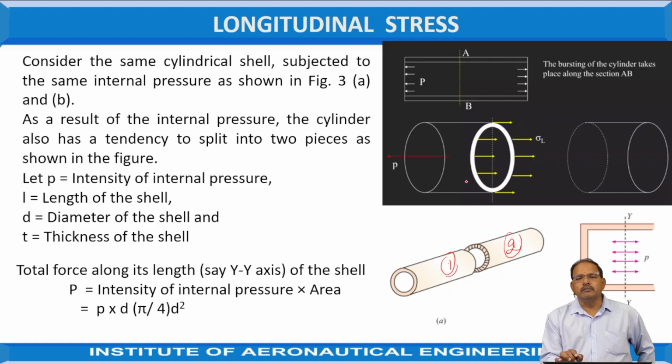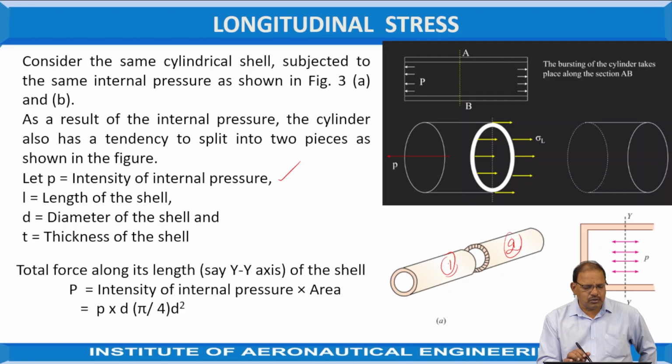In order to determine the magnitude of the internal resistance acting inside the cylinder, let P represent the intensity of the fluid pressure, L the length of the shell, D the diameter of the shell, and T the thickness of the shell.